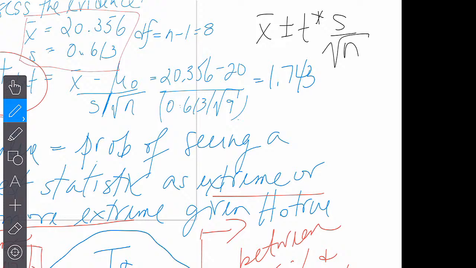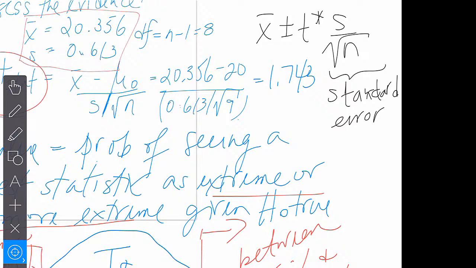So this represents the standard error, which is just the standard deviation with an estimate inside of it. And this is the sample mean.